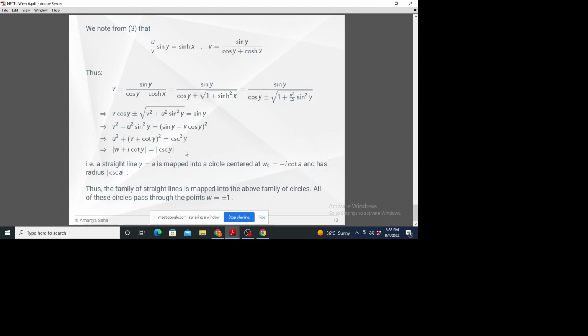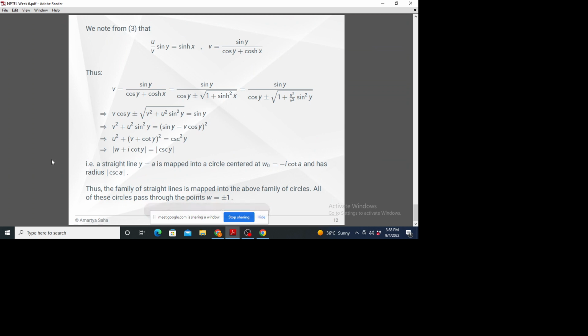So that is the final answer. One thing to note is that all of these circles will pass through the points W equal to plus minus 1.